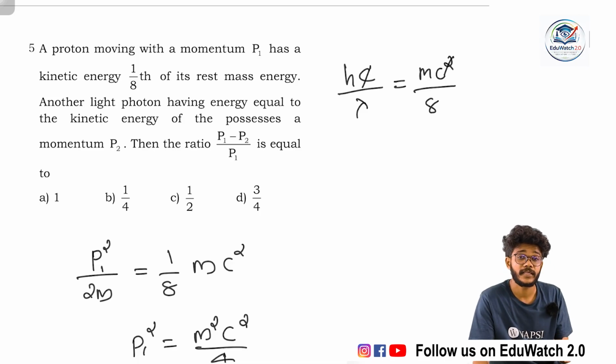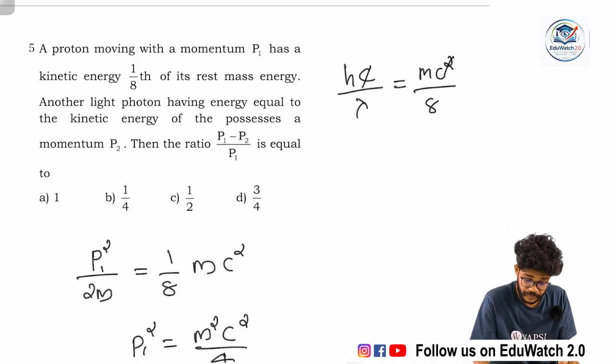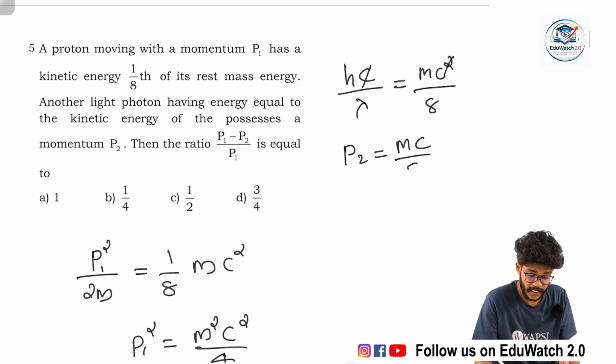The kinetic energy is 1 by 8 of rest mass. So c and c can be cancelled. So p2 is equal to mc by 8.